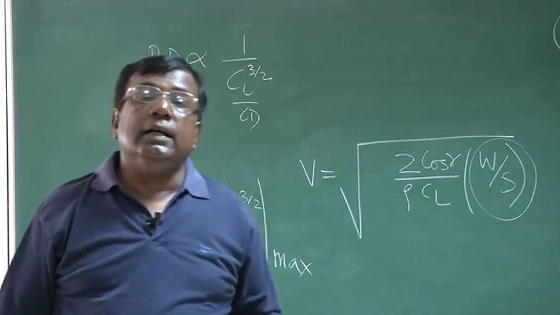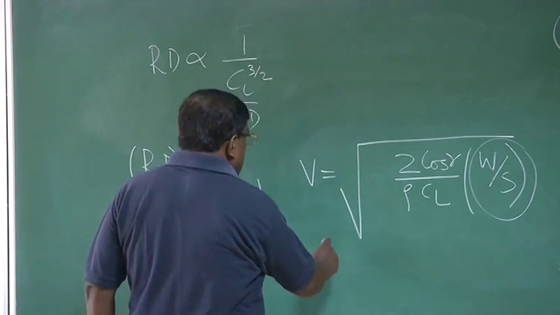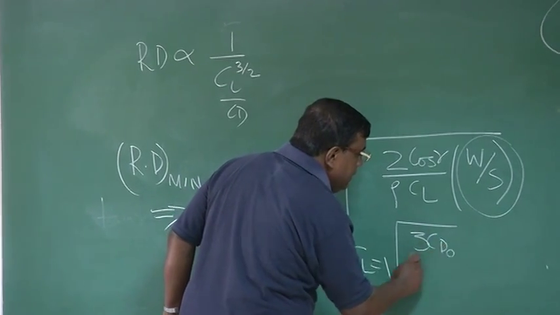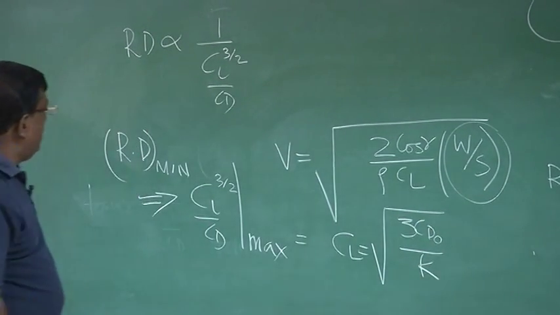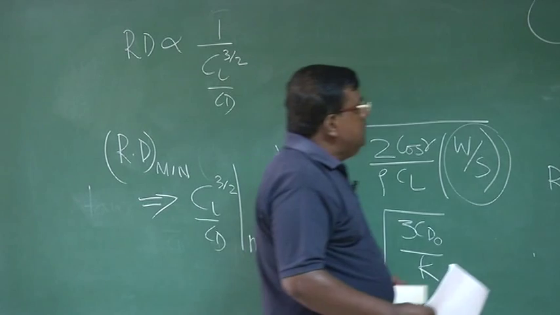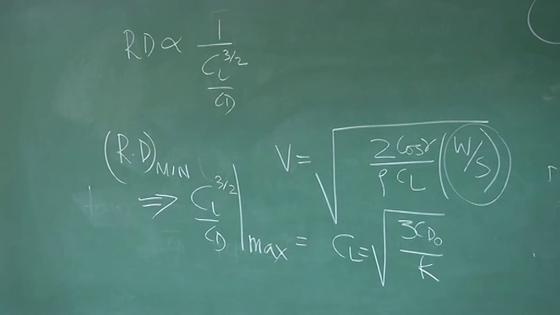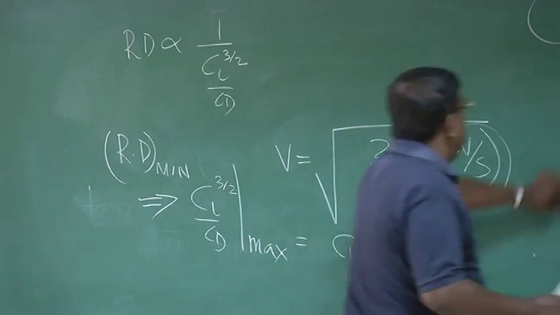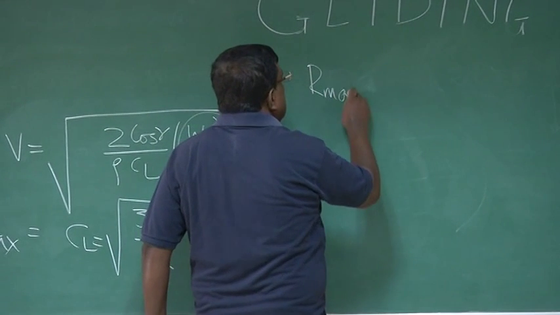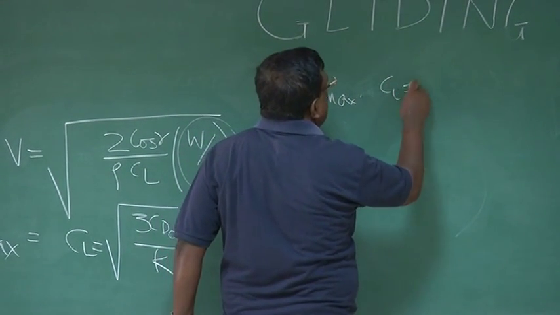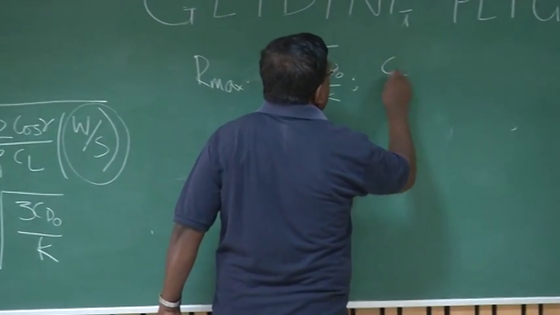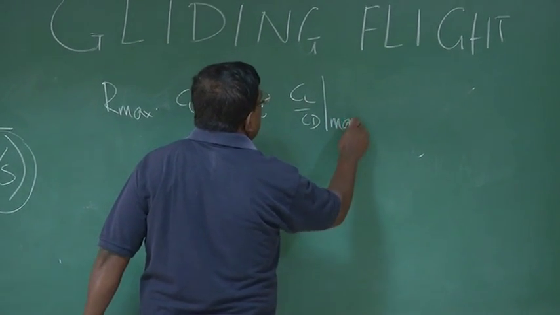What did this condition give us? It simply means that I should fly at a CL which is equal to 3 CD naught by K. Clear? So what have we learned now? One thing, if I want range maximum, then I must fly CL equal to CD naught by K, because I am trying to fly such that CL by CD is maximum.